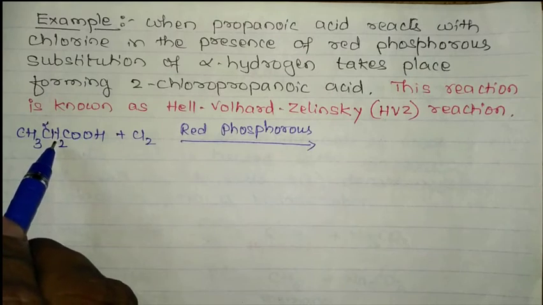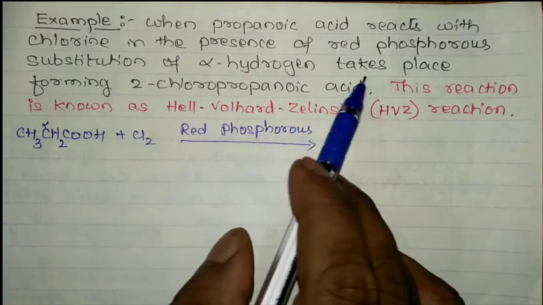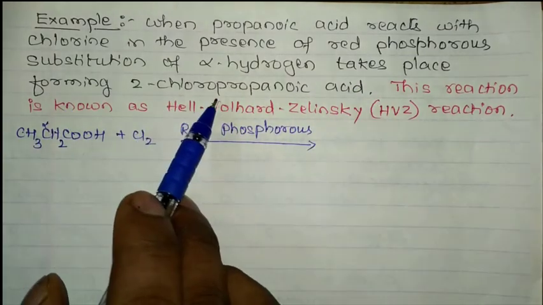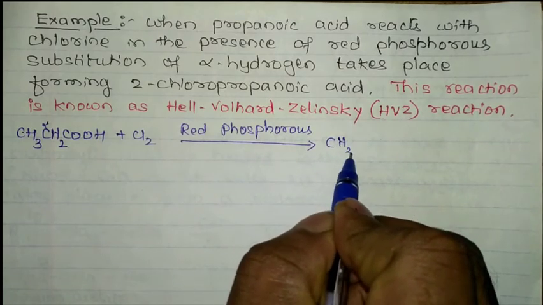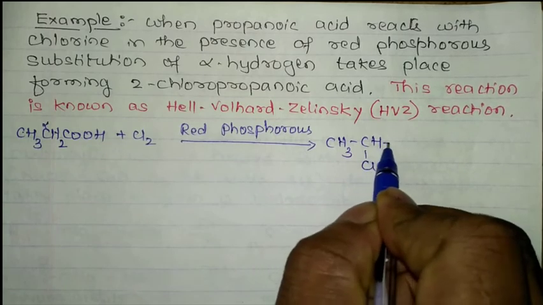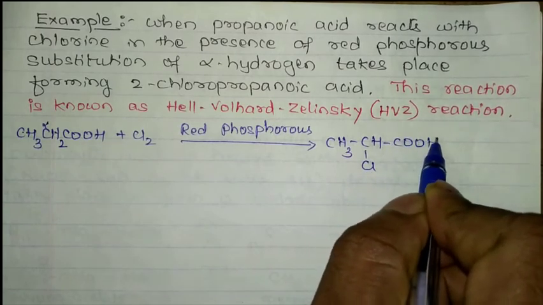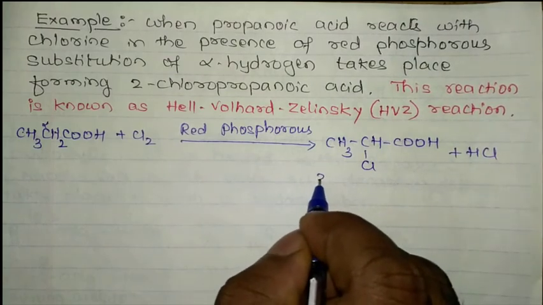One hydrogen atom is replaced by a chlorine atom, forming 2-chloropropanoic acid, CH3CHClCOOH, plus HCl.